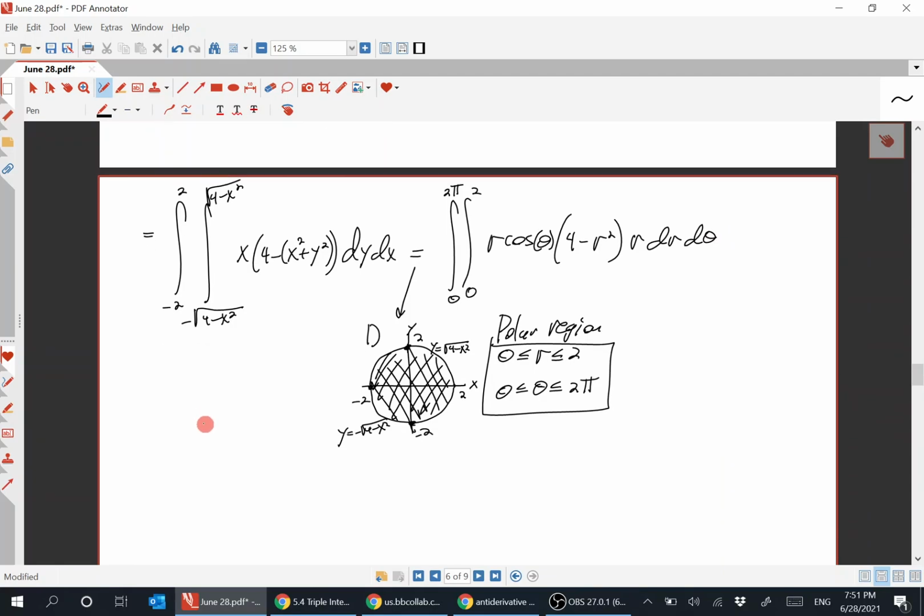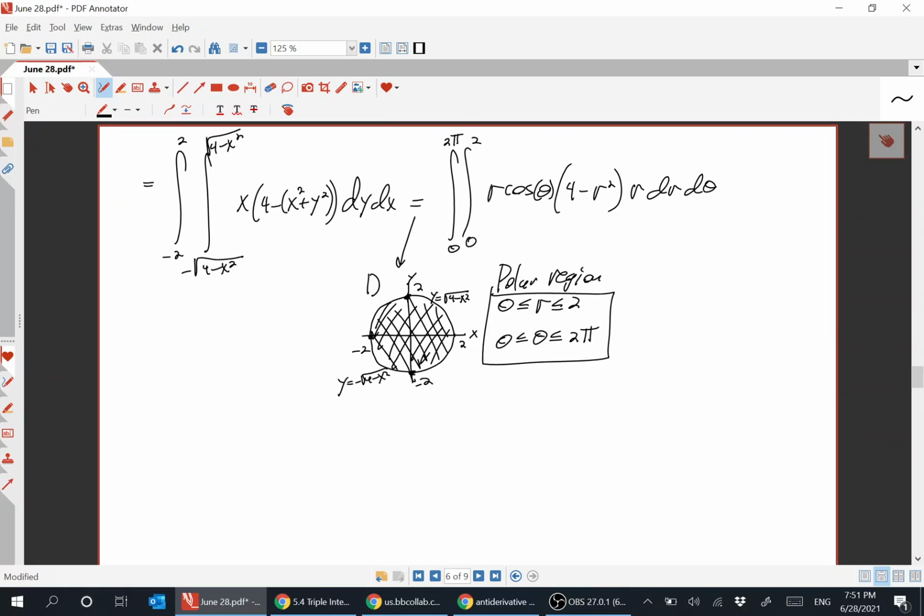So what we've got here, unfortunately, is a travesty, because what is this integral? Let's do d theta dr. What's the integral of cosine theta from 0 to 2 pi?